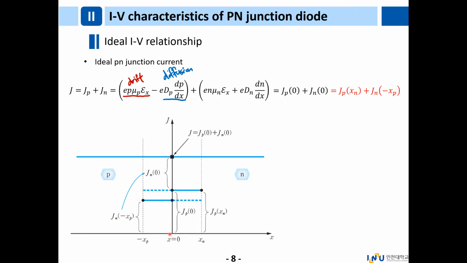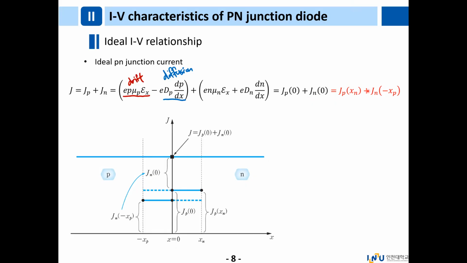So when x is 0, Jn is equal to the current density of minority carrier electrons injected from N-type to P-type across the depletion layer. So is the current density of holes.